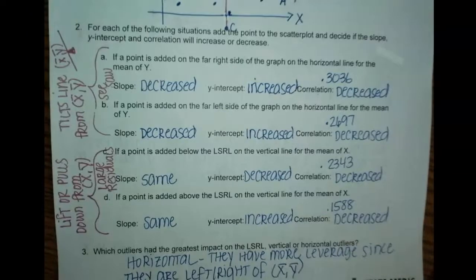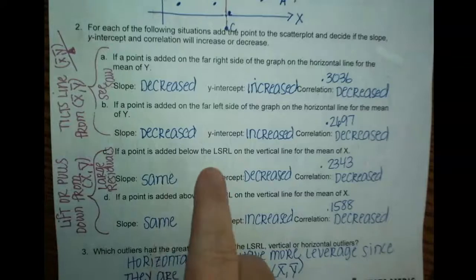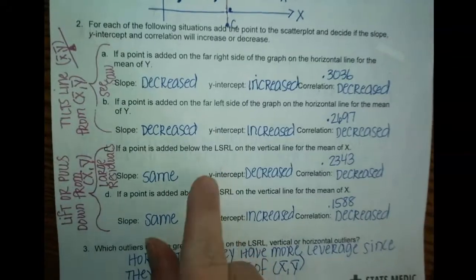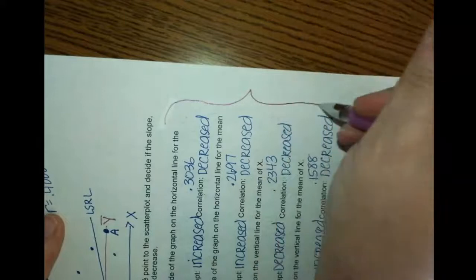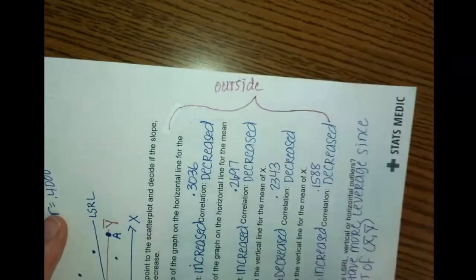All right, before I show you the answers to the check your understanding, I wanted to make special attention to the fact that every one of the points that we put in here were really outside of the pattern. And that's important because outside of the pattern points have more of an effect than something in pattern.